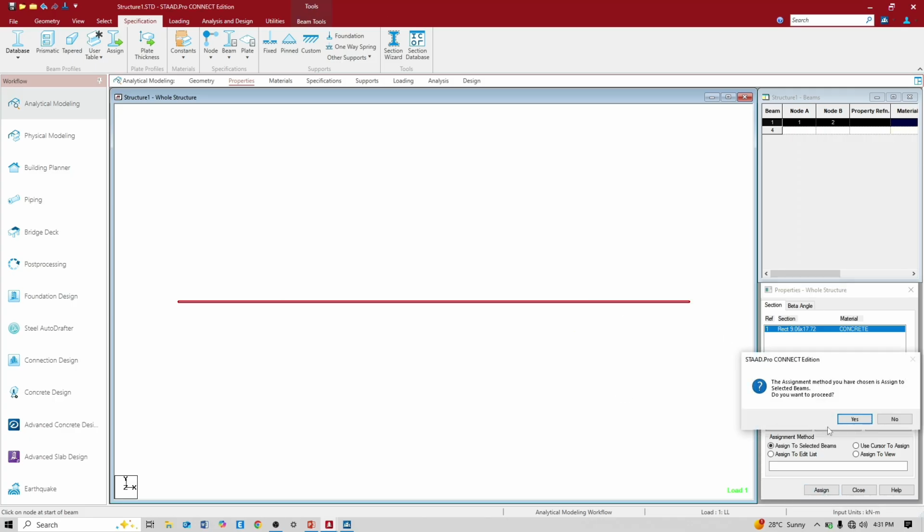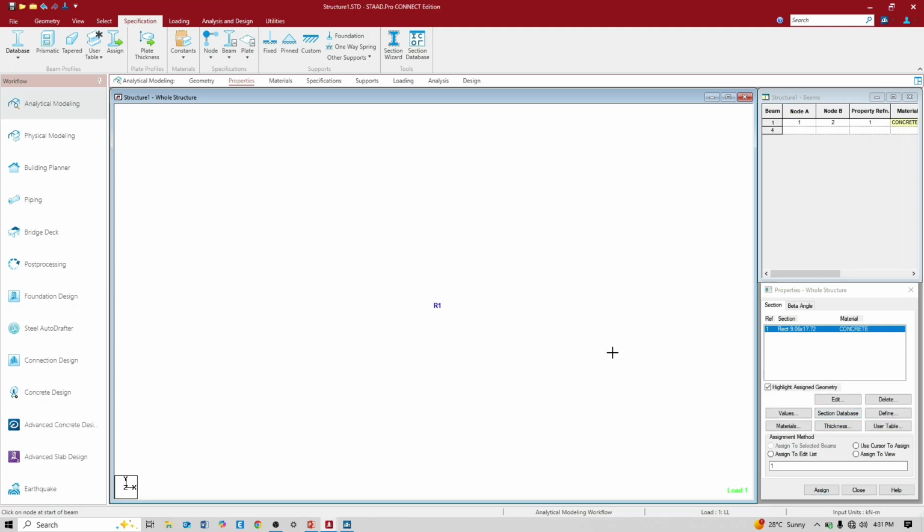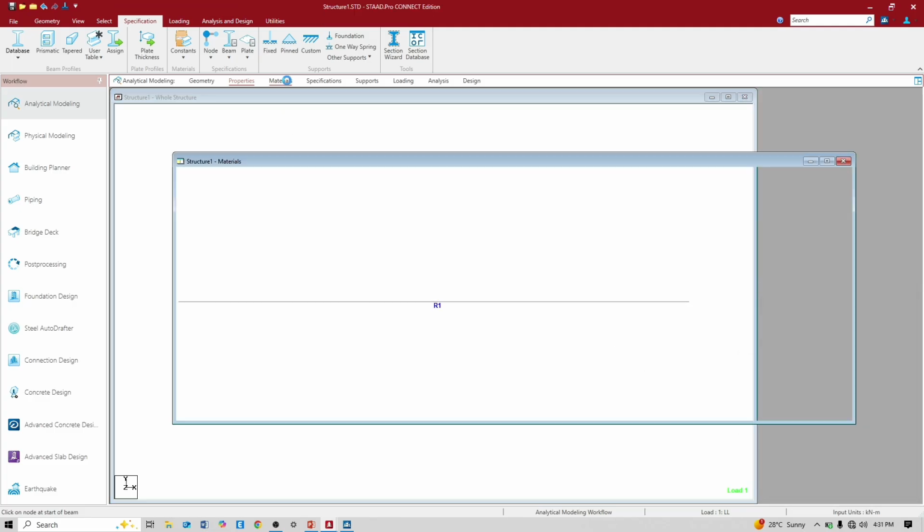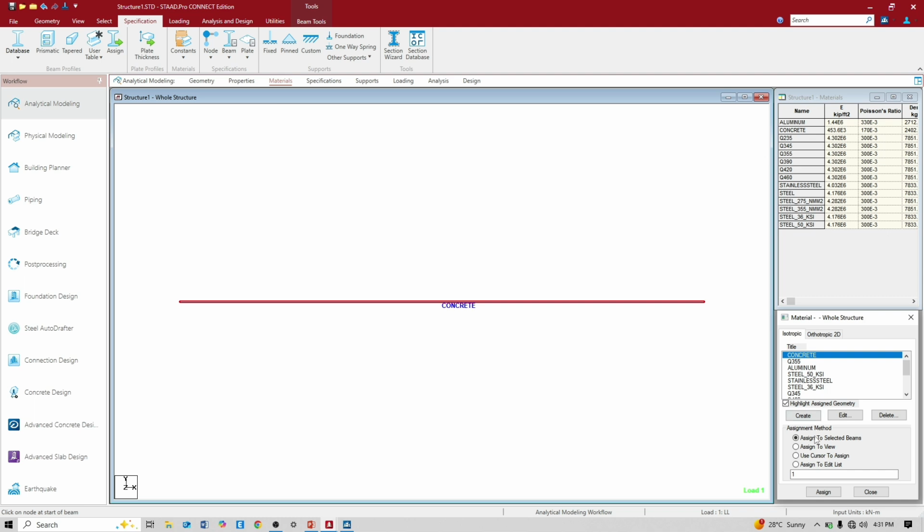These properties are for dead load purpose, but we are only interested in live load bending moment calculation, only for that 25 kilonewton load and that 20 kilonewton per meter load.